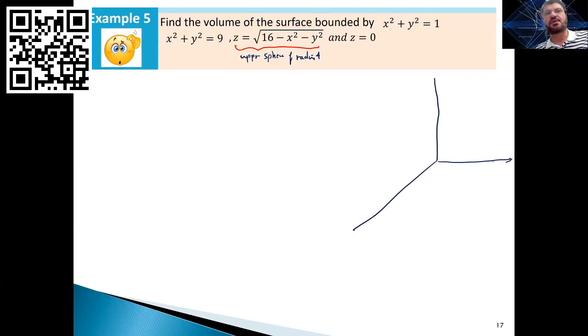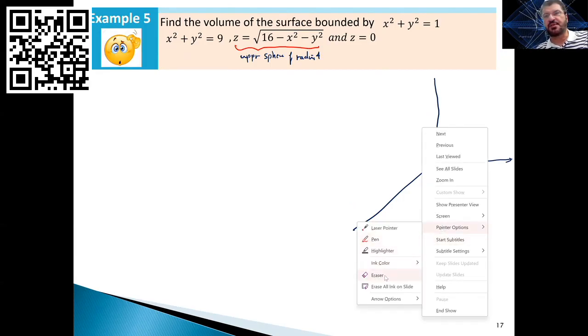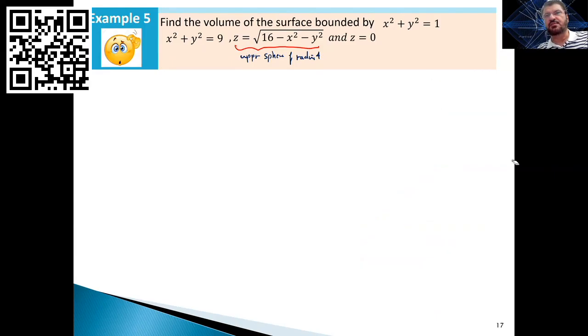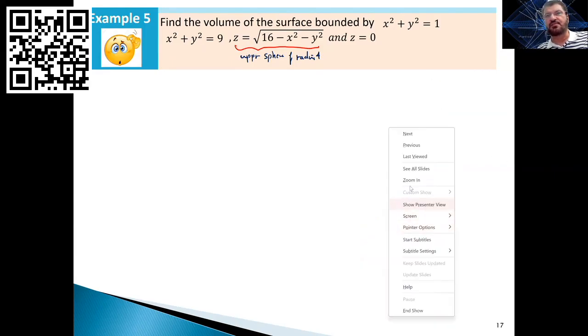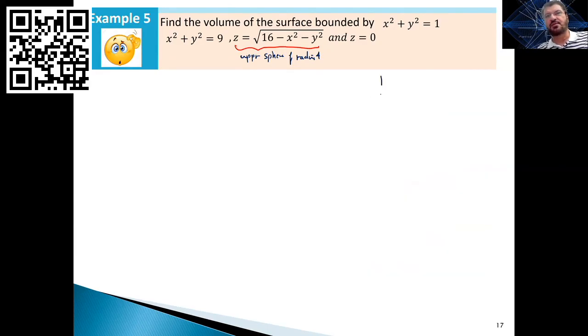Radius 4, and let me fix my numbering, this is not good. So let's put it in a different way. Okay, here it is. 1, 2, 3, and 4. 1, 2, 3, and 4.